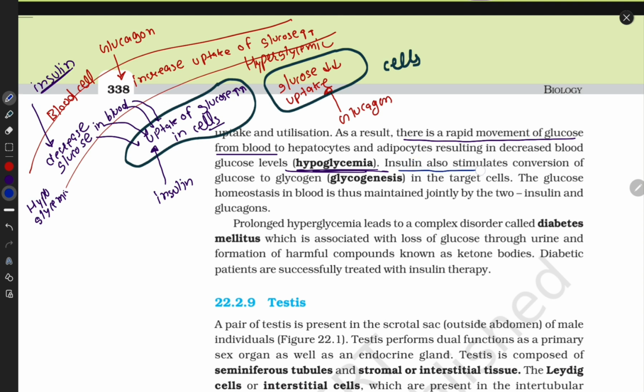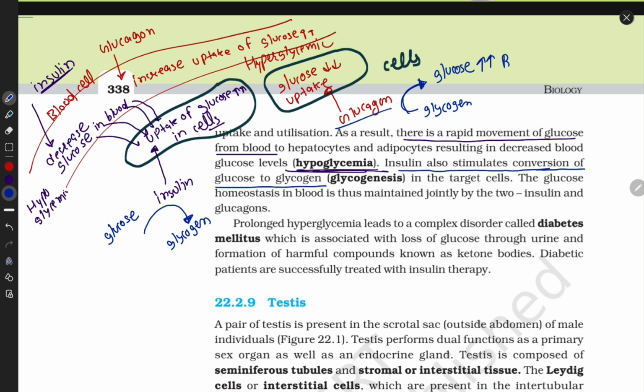Now, insulin also stimulates conversion of glucose to glycogen. Look at here, they convert glucose into glycogen, and what does glucagon do? They convert glycogen into glucose. That's why glucose increases in blood, and this condition is called hyperglycemic.